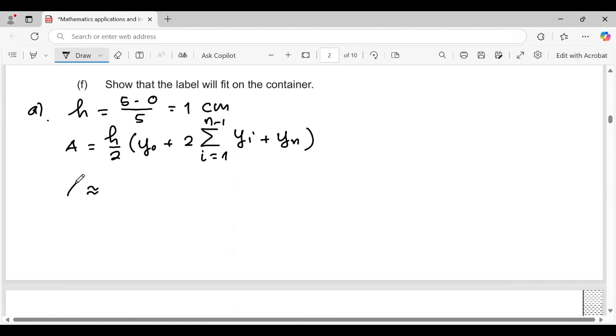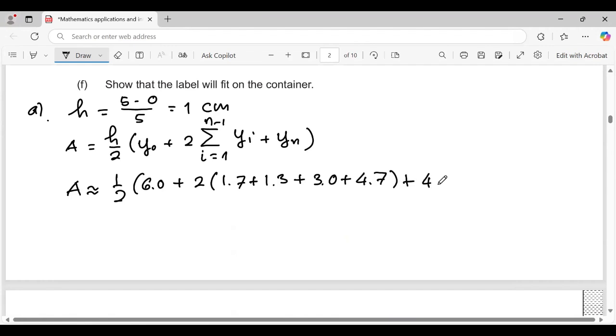So it's going to be A equals 1/2, because h equals 1, times 6.0 plus 2 times 1.7, 1.3, 3.0, 4.7, plus 4.3.